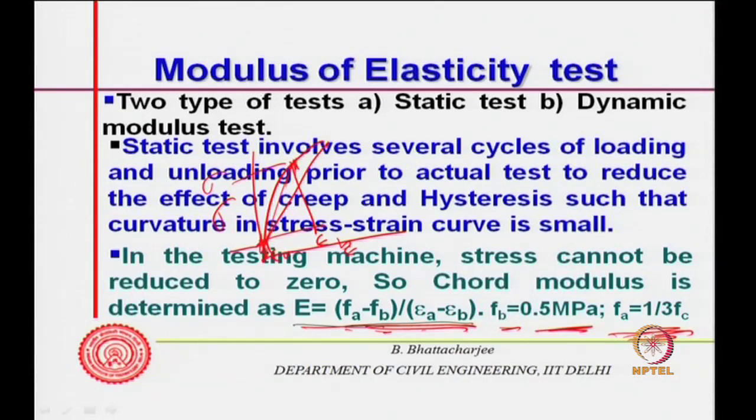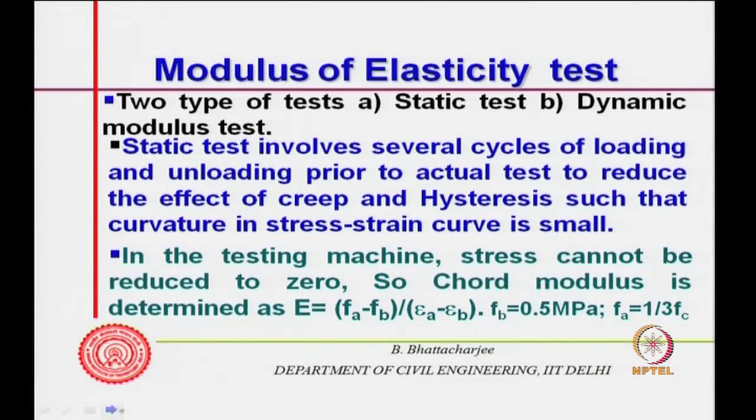So, you find the Chord's modulus according to this, and the code suggests how much value you have to go to for the test. 1/3 Fc is the elastic limit, and often you might find it there itself. So, this is how we determine the static modulus of elasticity.